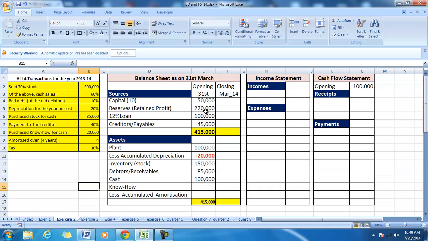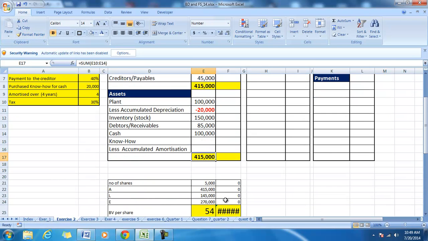So there is an opening balance sheet here, and the opening balance sheet shows the sources and the corresponding assets. The opening balance sheet can be converted into the equation assets equal to liabilities plus equity.